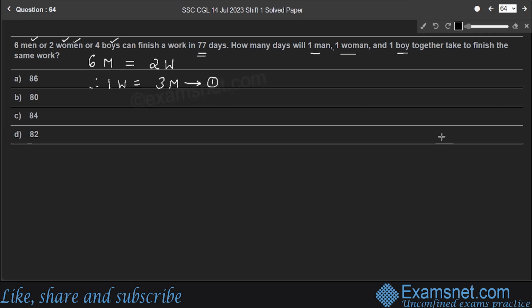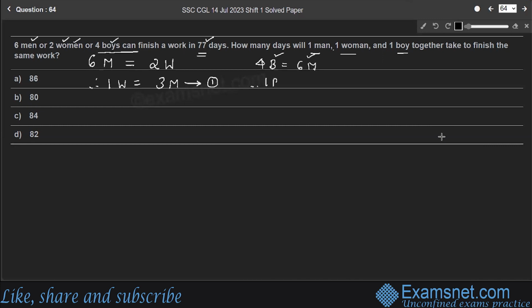Efficiency of 1 woman is equal to the efficiency of 3 men. Consider this as equation 1. And it is given that 4 boys can finish the same amount of work in 77 days. So that means 4 boys are nothing but 6 men. That means the efficiency of 4 boys is equal to the efficiency of 6 men.